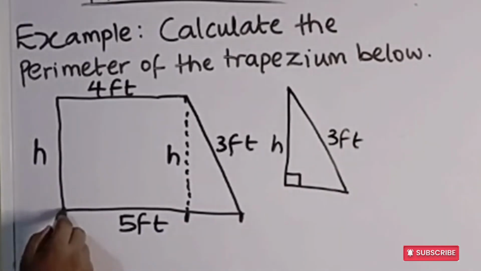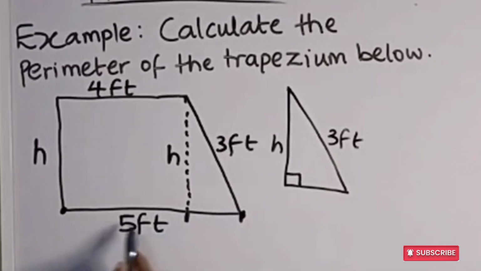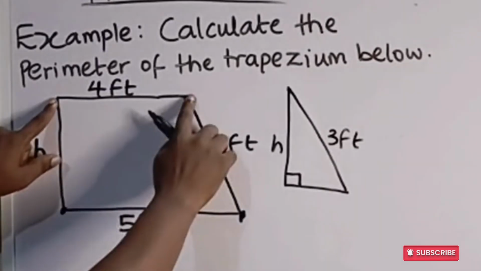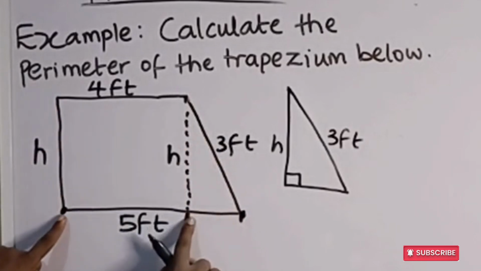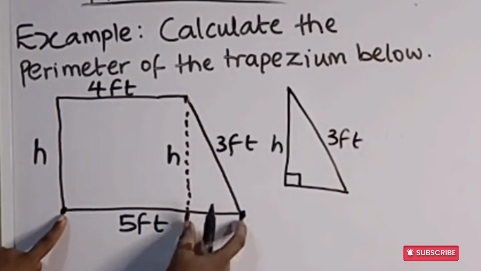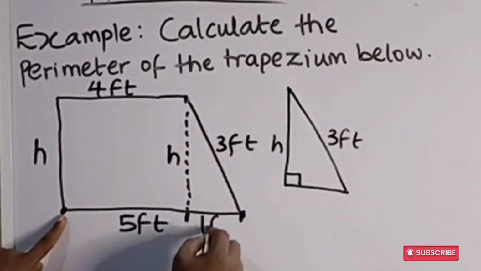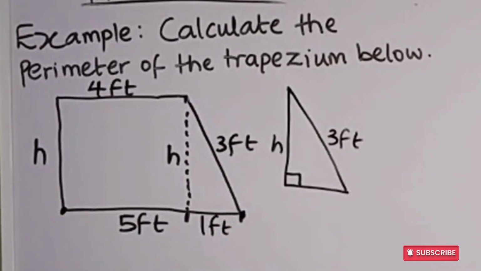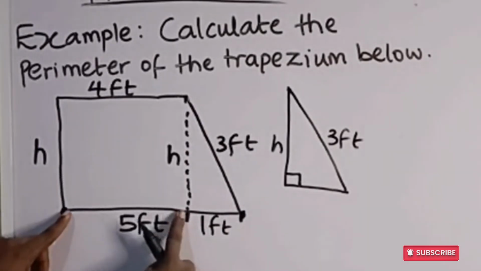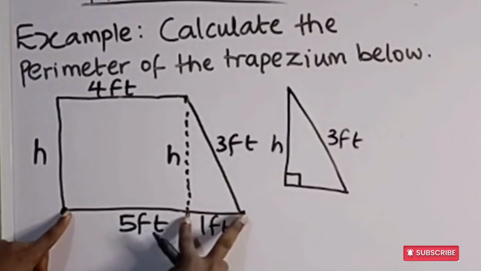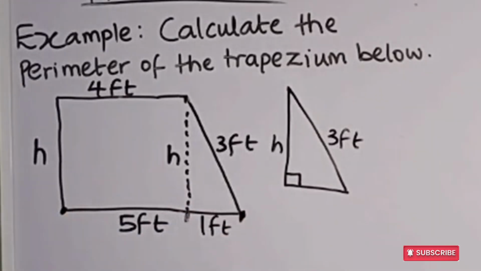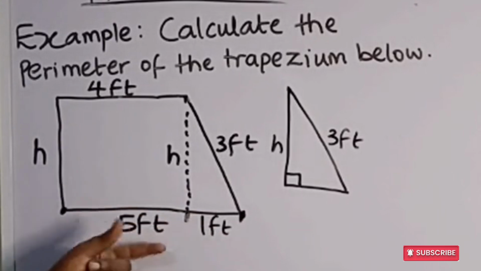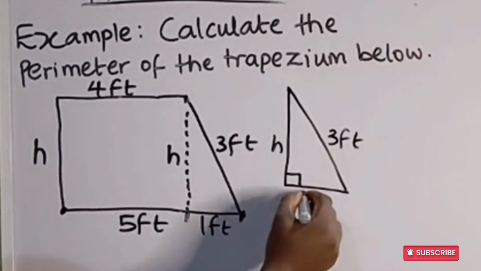From here to here is 5 feet, but from here to here is 4 feet. So this extra is 1 foot, because 4 plus 1 gives you 5.